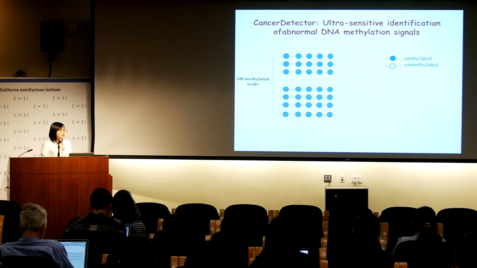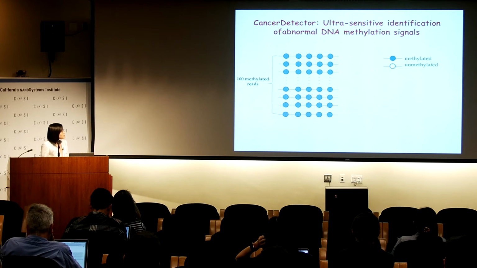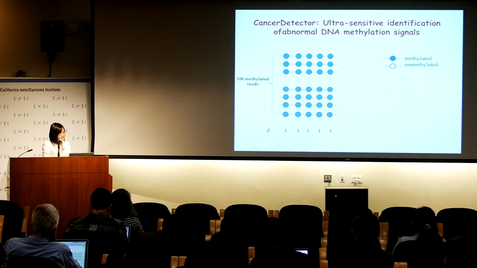As I mentioned, the beta value, which is what we usually define as the methylation value, is a population-wide percentage of the reads that are methylated at one particular CpG site. As you can see, the beta value for all of these sites is 1.